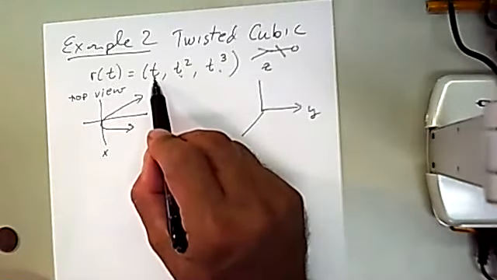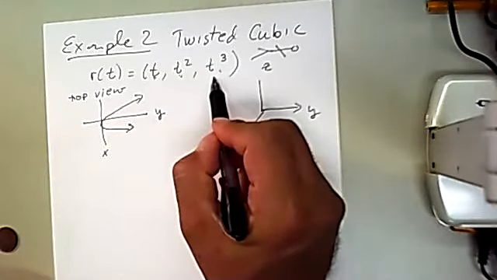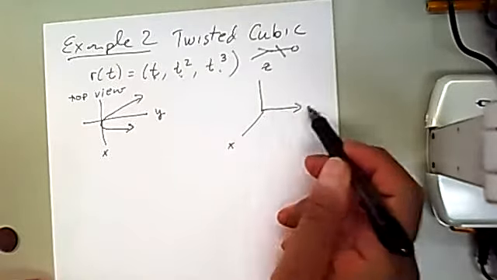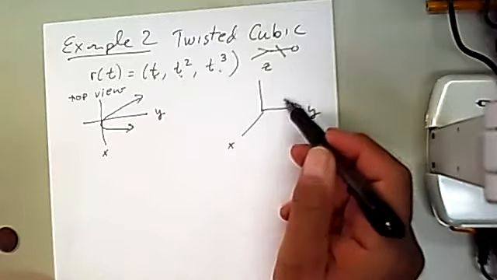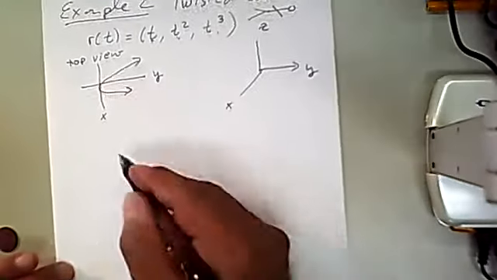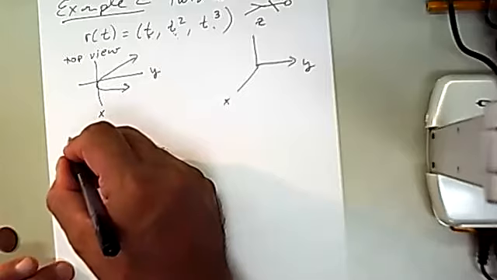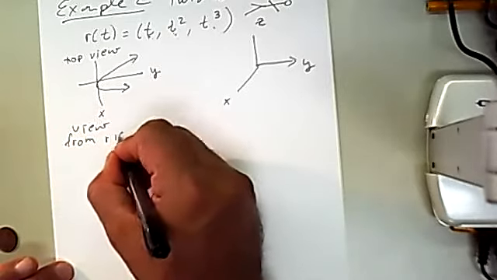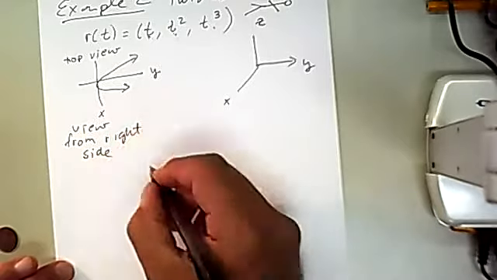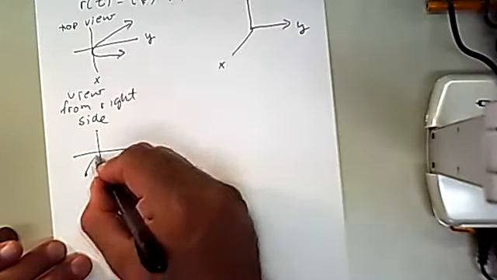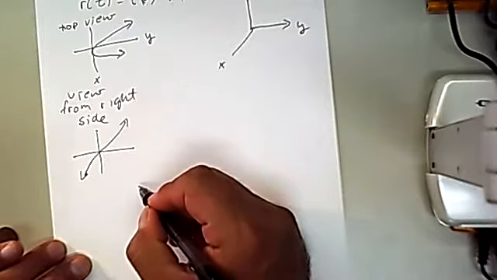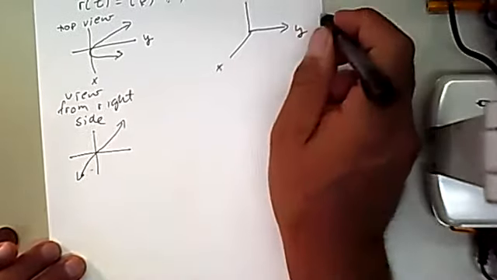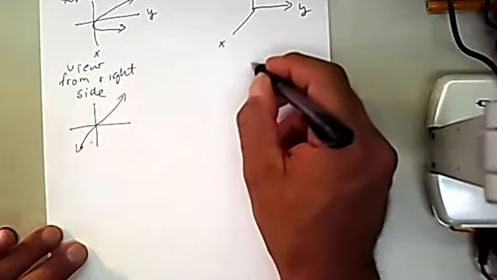Now, if you look at the xz point of view, or rather the y point of view, so if you look at the curve from this point of view, then we have a cubic. So view from right side would be a cubic. You know what? This is incorrect, because let me do this again.